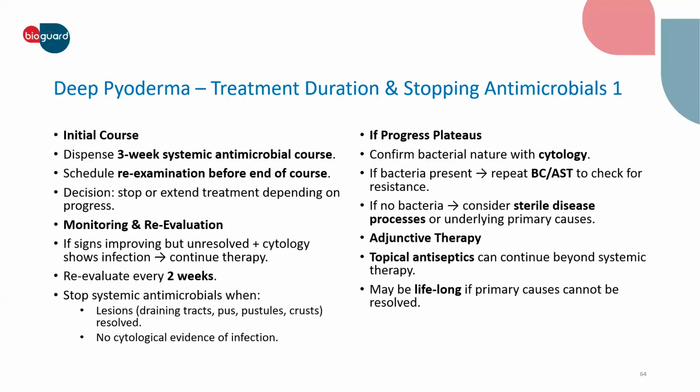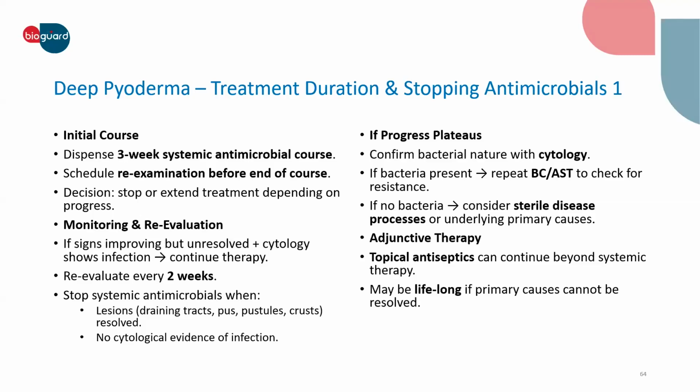If the signs improve but are unresolved, and the cytology shows infection, then continue therapy and re-evaluate every 2 weeks. And stop the systemic antimicrobial when the lesion has resolved or there is no cytologic evidence of infection.